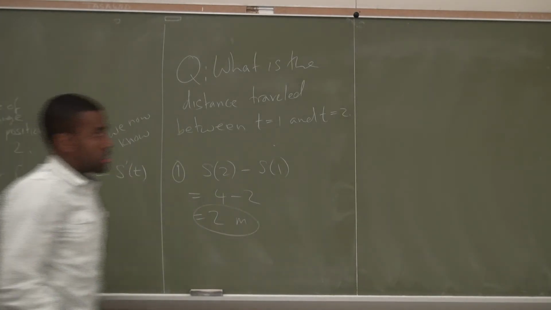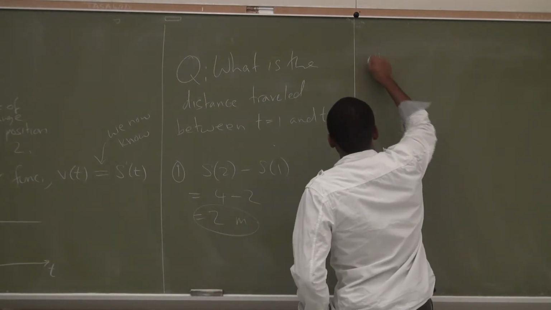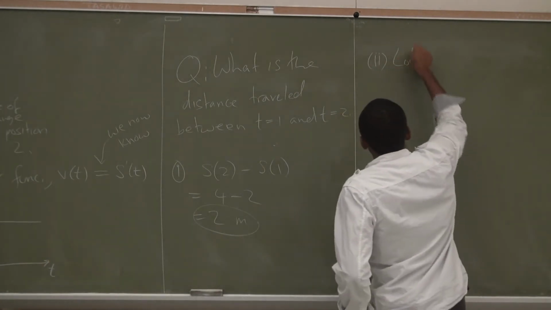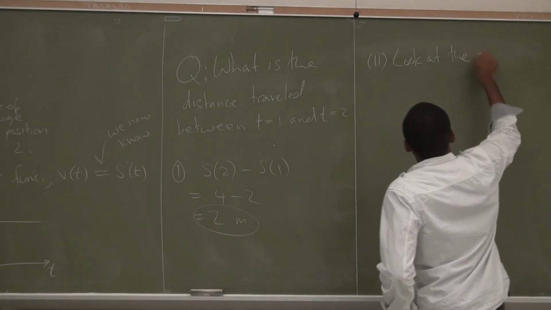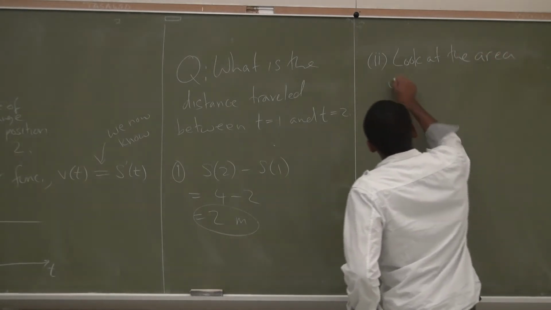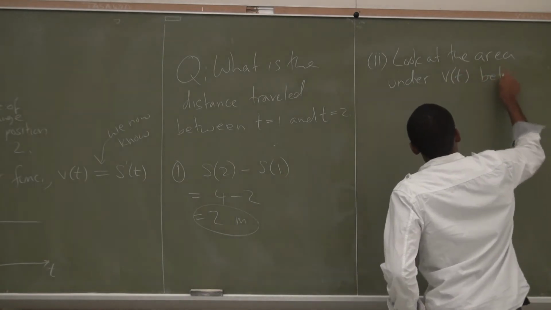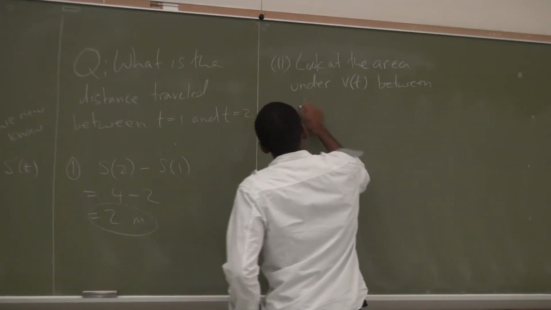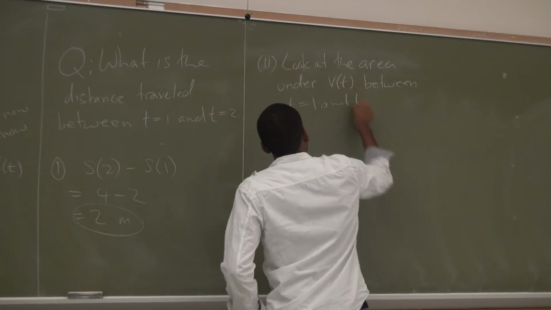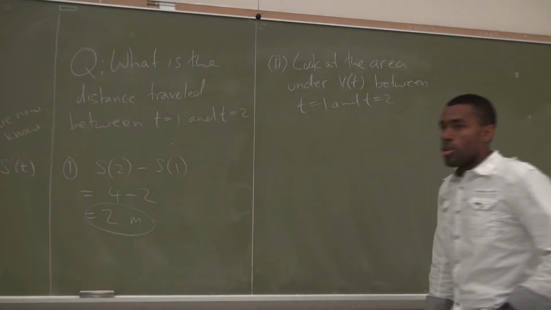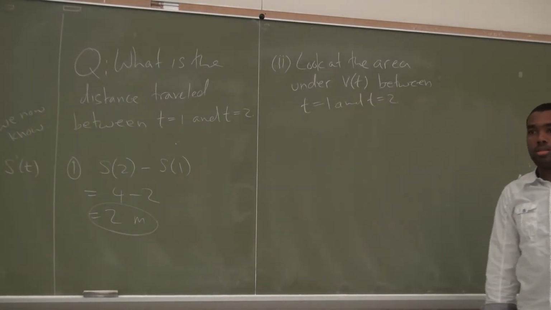But notice something else. What if instead I look at the area under the velocity curve?